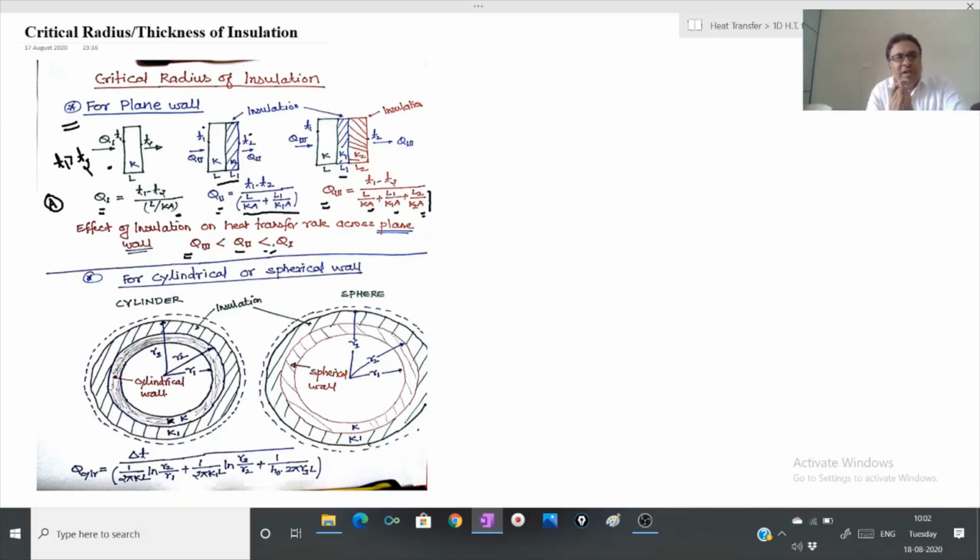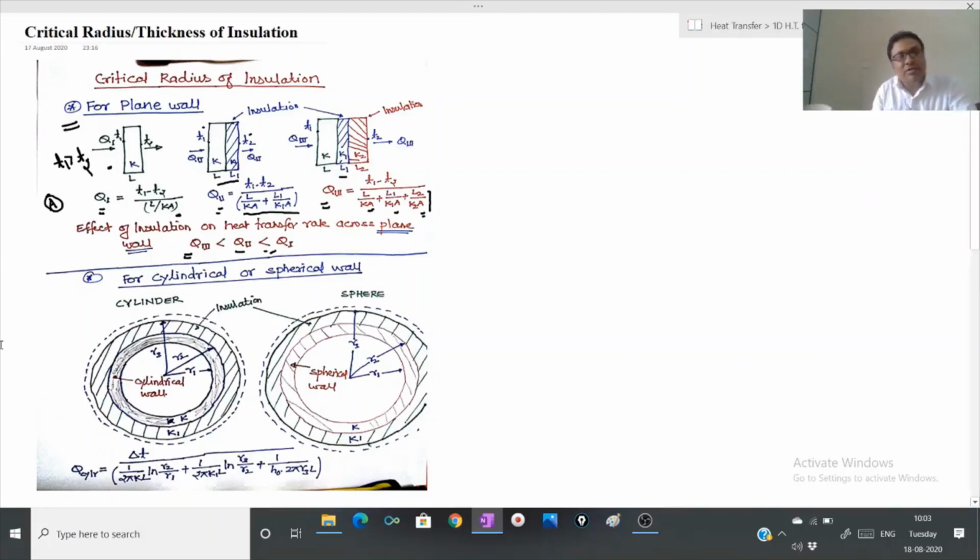When we provide insulating material layer over a plane wall, it reduces the heat transfer rate. More will be the thickness of the insulating material, less will be the heat transfer rate across the plane wall. So for plane wall, by providing insulating material layer, it reduces heat transfer rate.